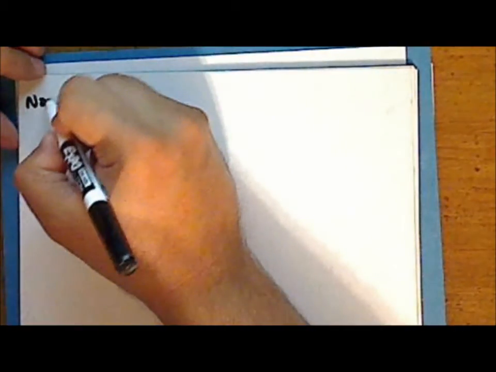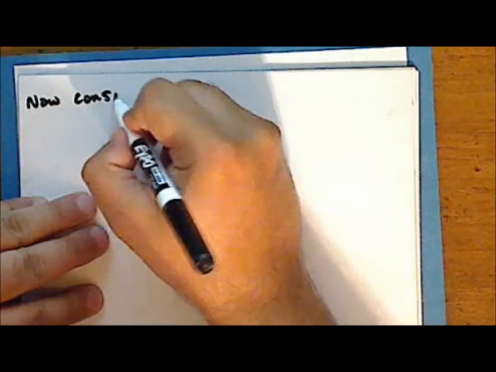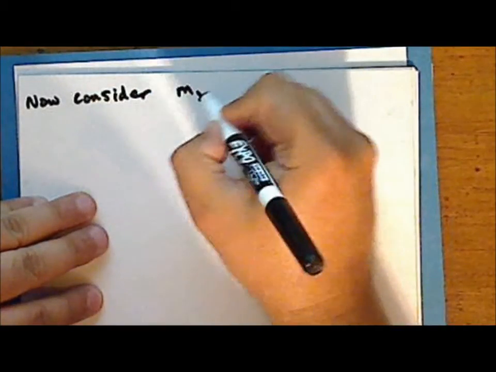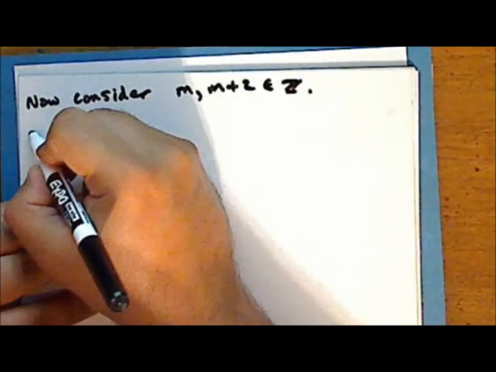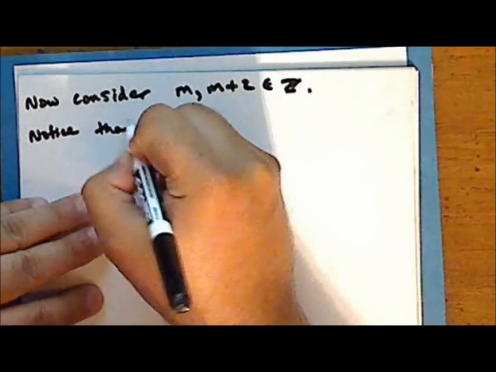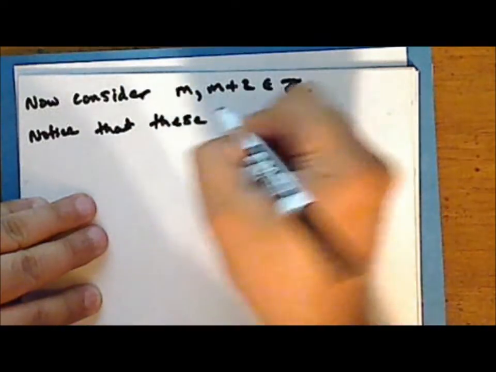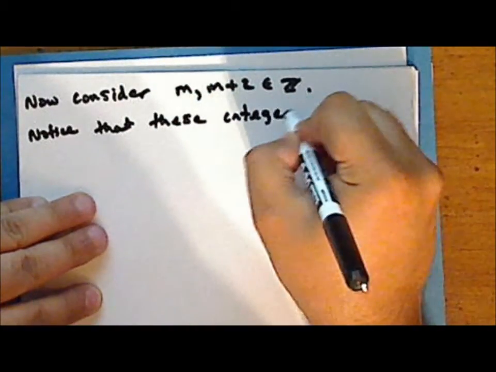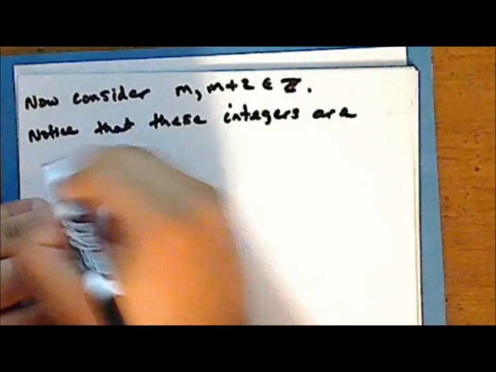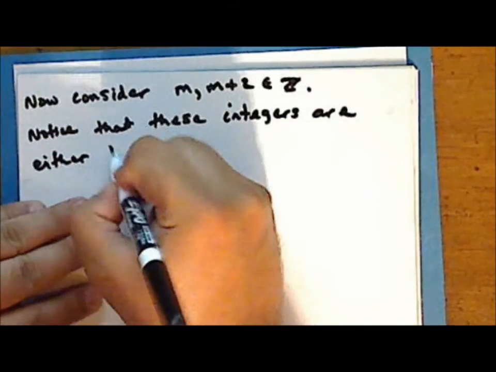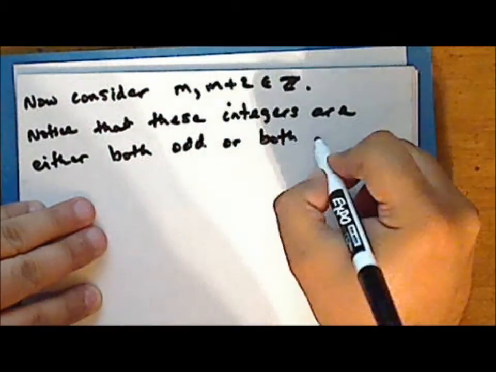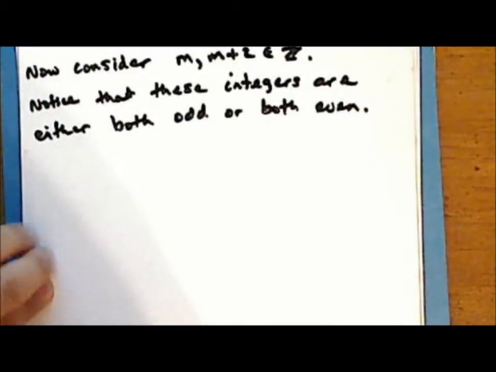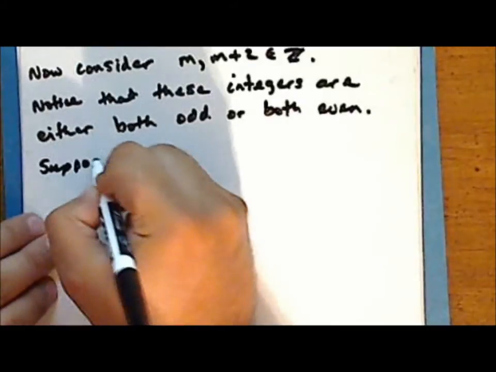So now consider two integers, m and m plus 2, that are separated by a given integer. Notice that these integers are either both odd or both even. Suppose that both are odd.